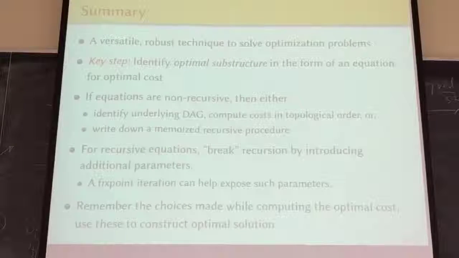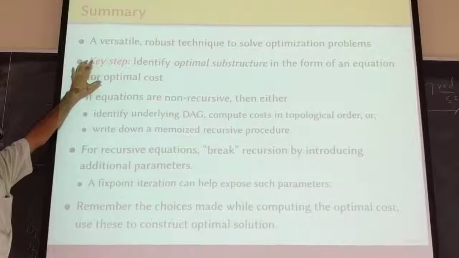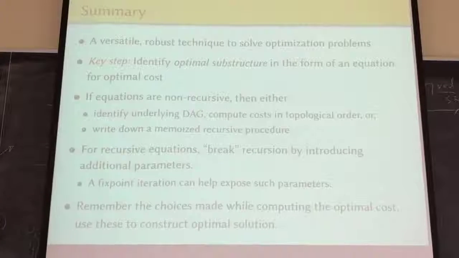Recognizing that there is this structure is the step you need to really focus on if I give you a dynamic programming problem in your homework or exam. What is the structure? Because once you have the structure, the rest is easy. In fact, what I'm trying to illustrate with this iterative formulation is that there is often a mechanical way to take this equation, unroll it and solve it.